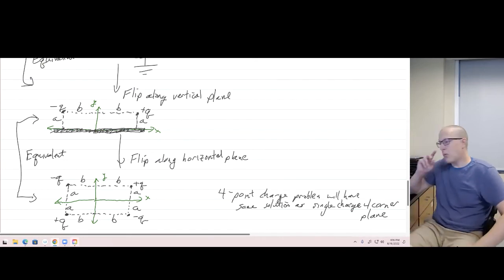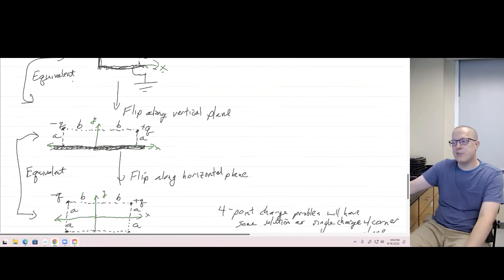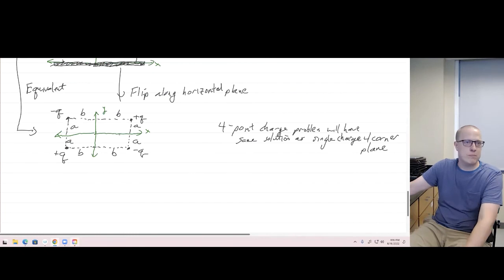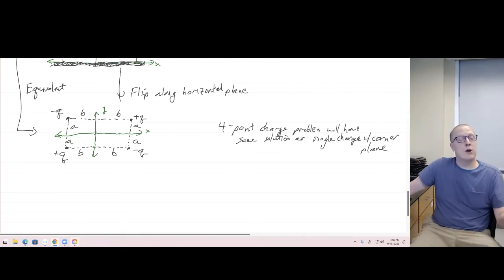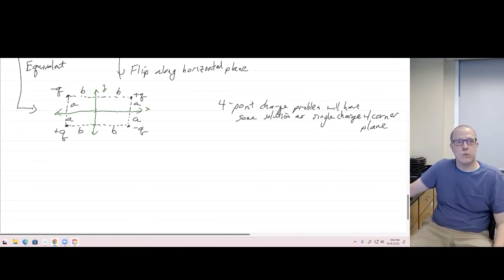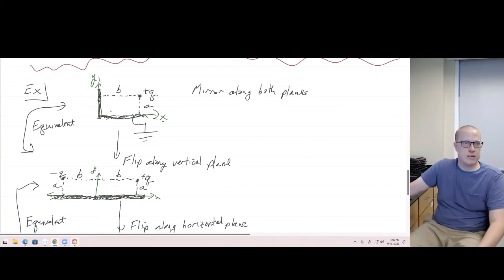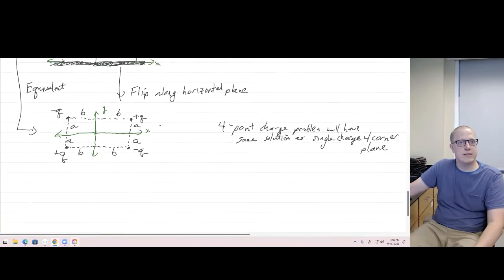All right, so in 2 steps here, we've come up with a problem that has just 4 point charges, and again, point charges are always easier to deal with than having to mess around with this boundary condition for these planes.